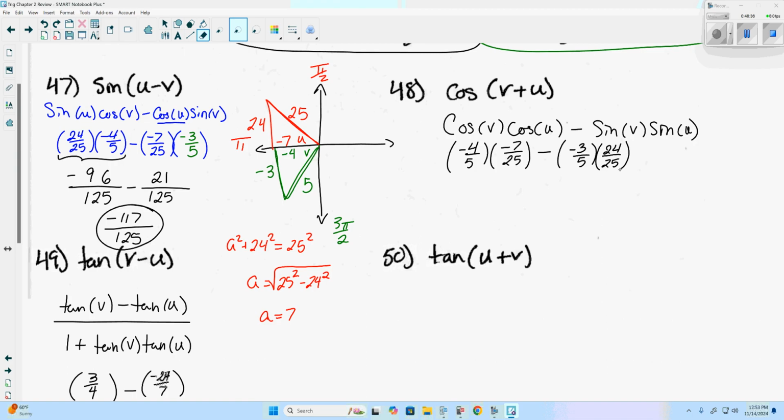And then again, just like we did with tangent, you can plug this whole thing in. This would be 28 minus 3, 2, carry the 1.